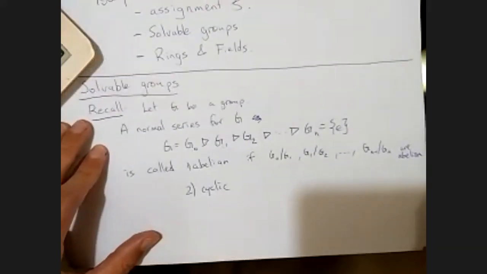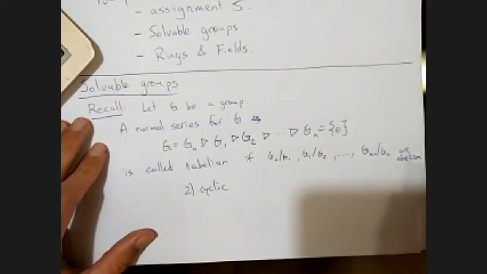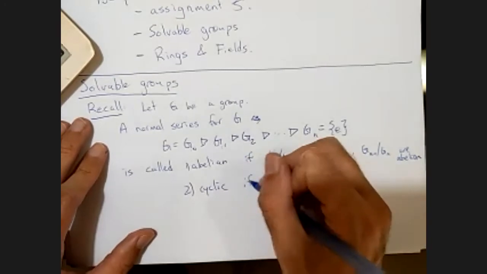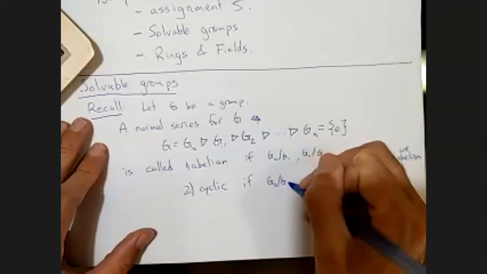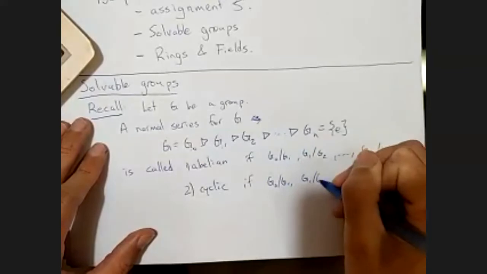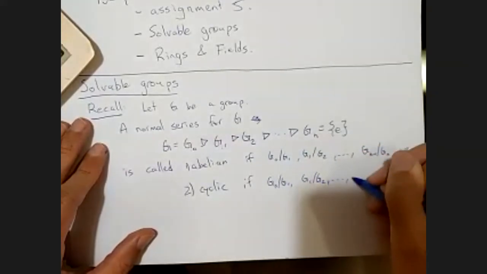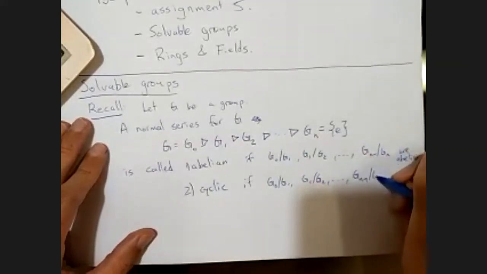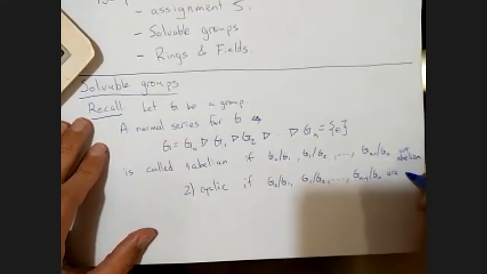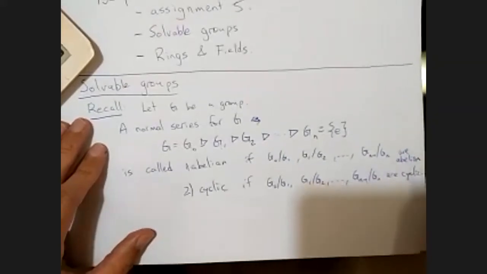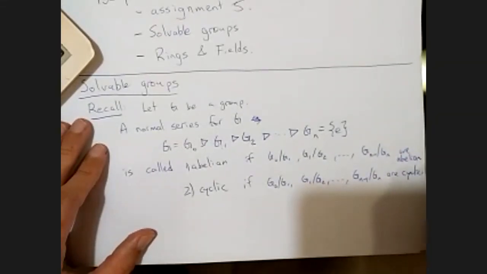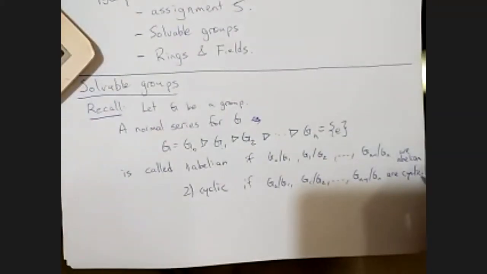So it's called cyclic if G0 mod G1 is cyclic, G1 mod G2 is cyclic, up to Gn minus 1 mod Gn.